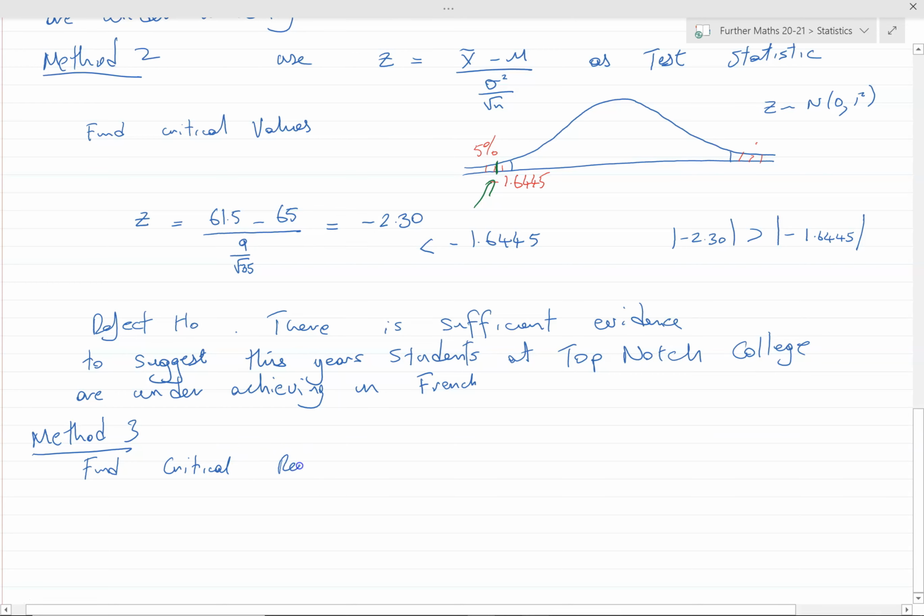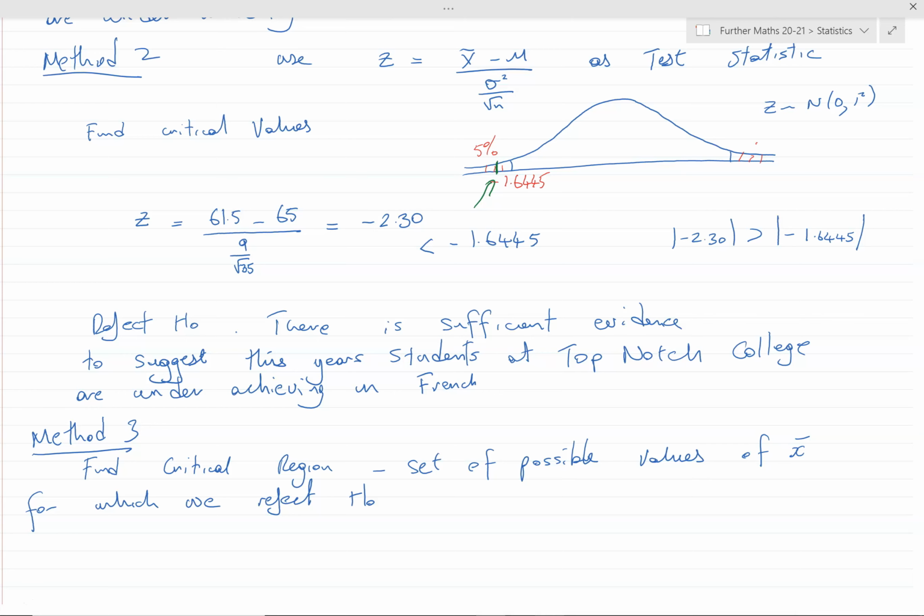In this context, it's the set of possible values of the mean of your sample for which we reject H naught.